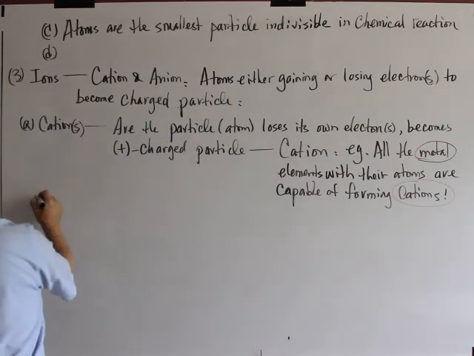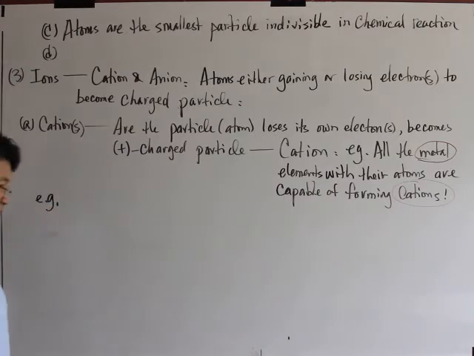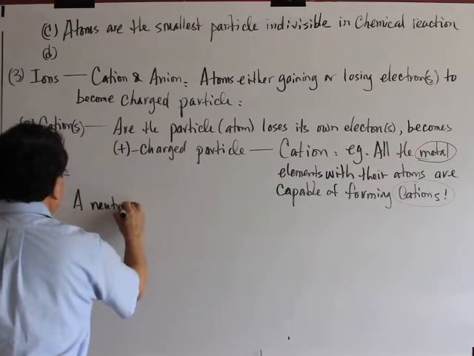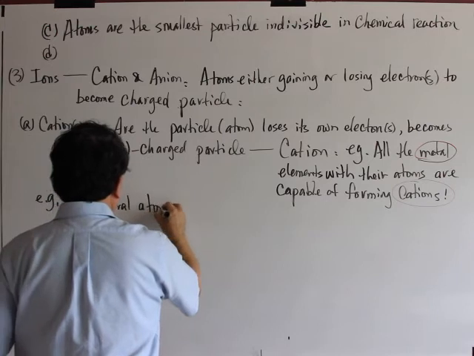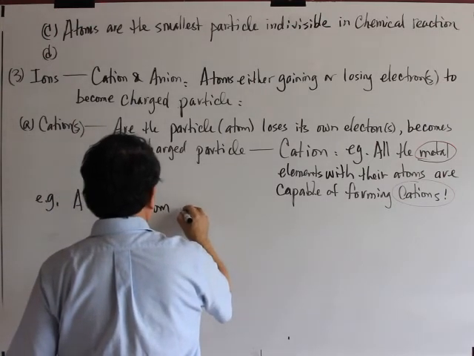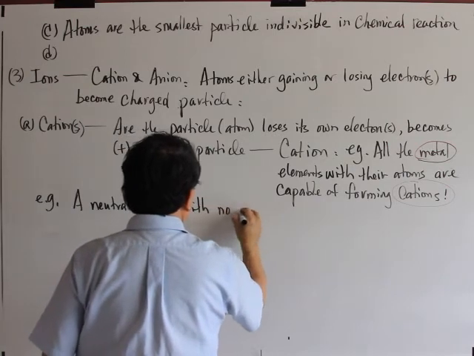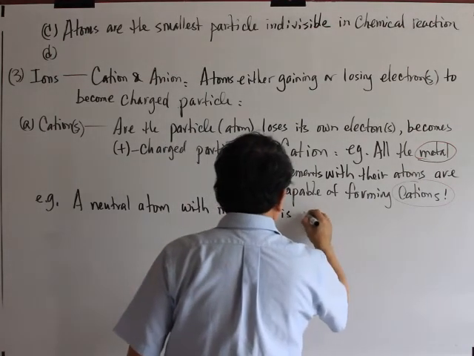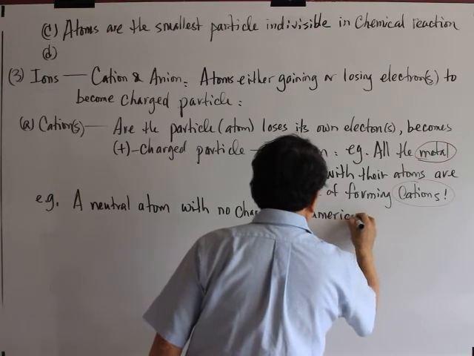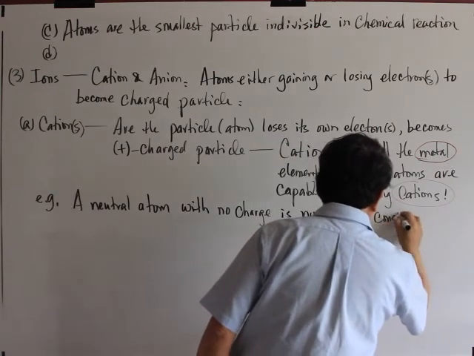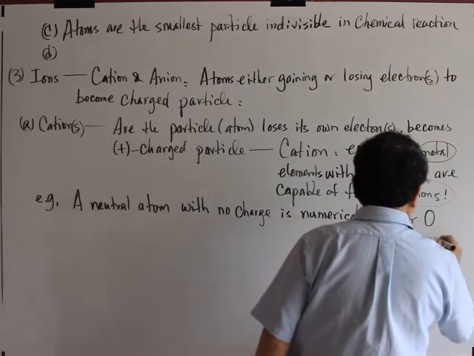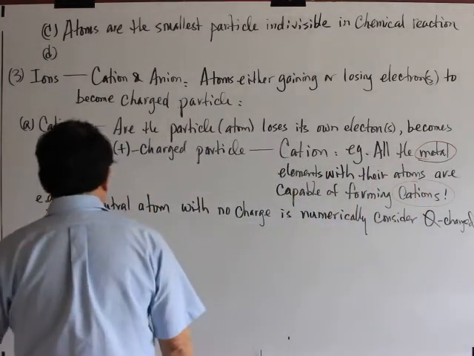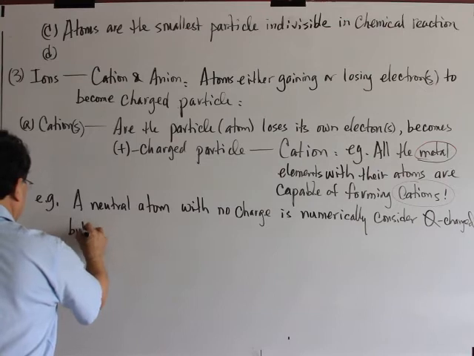So, for example, you have a neutral atom with no charge, which is numerically considered zero charge. Zero charged. So, what happened?